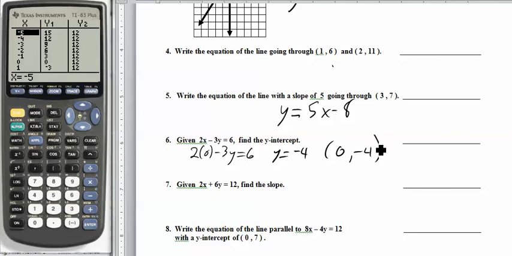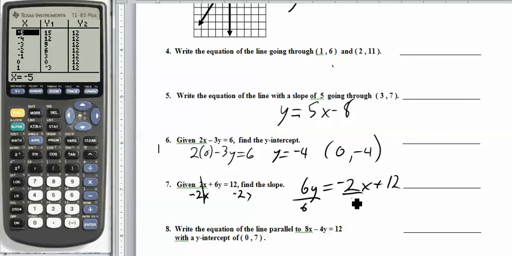Okay, so on 7, the only real way to do this is to solve for y. Again, we didn't do a huge amount of practice of this, but you should be able to do it. So we're solving for y, so we go -2x, -2x. So we have 6y equals -2x plus 12.